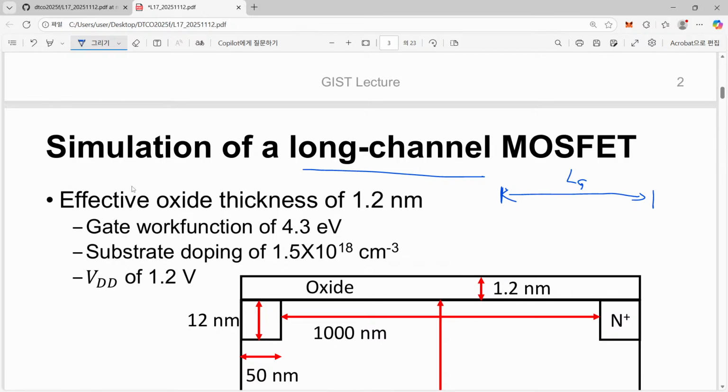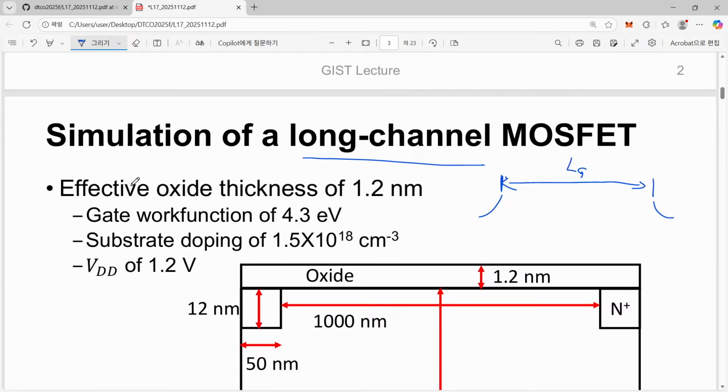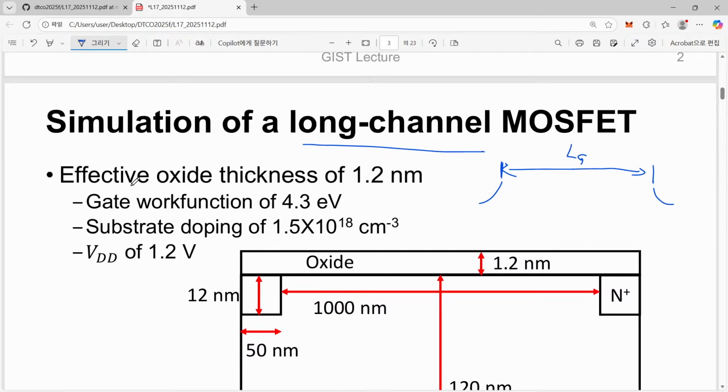That really depends, but anyway we will have a long channel MOSFET, and I will show you how we can do this very primitive simulation. Of course, for more advanced device structures we need to include more physical effects, but for a while, let's live with this quite simple structure, a long channel MOSFET.